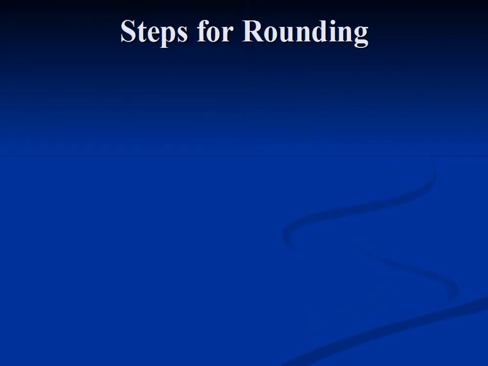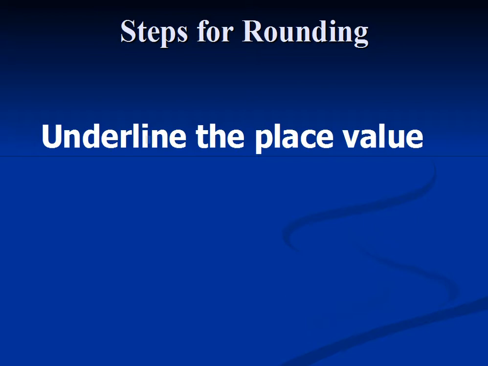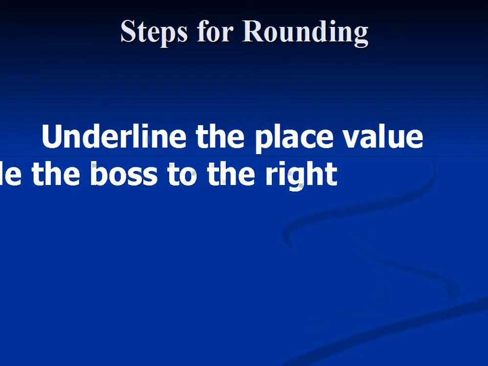Alright, so the steps for rounding in this technique are underlining the place value. It tells you to round to the nearest hundreds or tenths or millionths place. That's what you're going to underline, whichever place value it's telling you to round to.